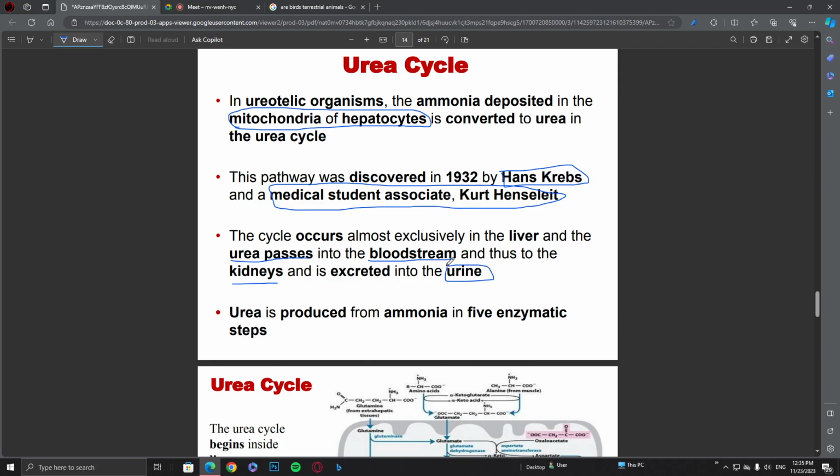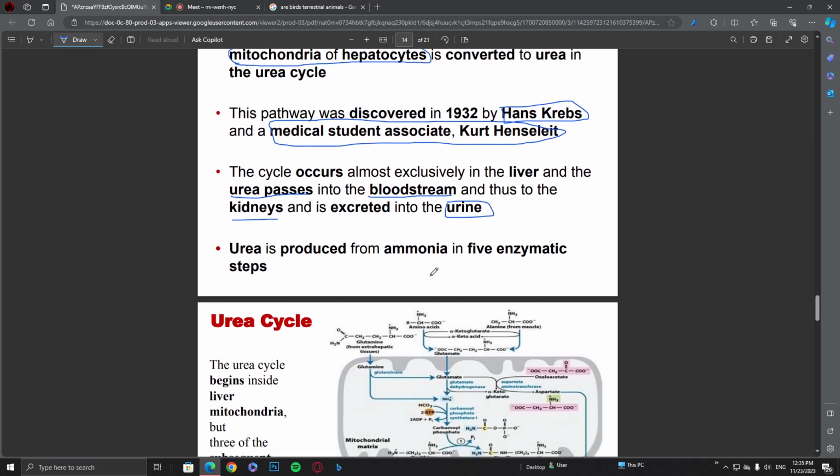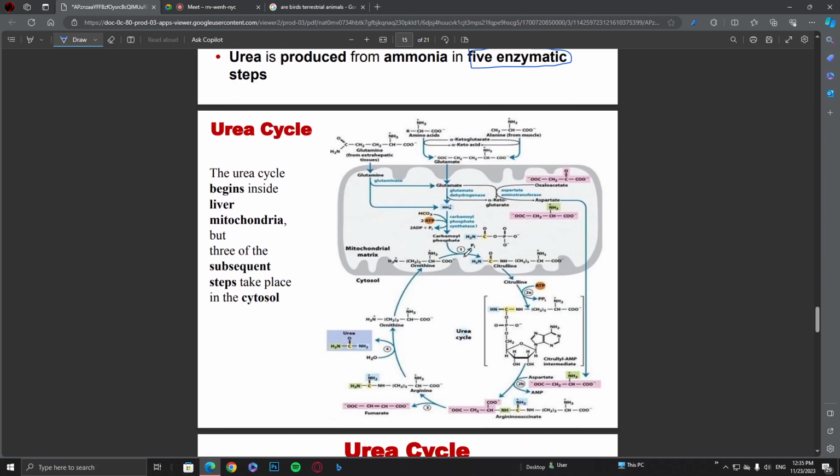Now the urea cycle, where urea is generated from ammonia, has altogether 5 enzymatic reactions. So this is the urea cycle. It looks very complicated, but the above reactions we have already learned.